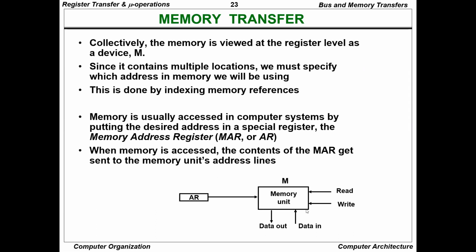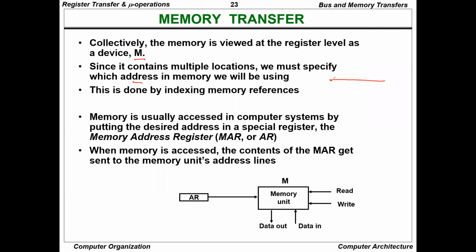Let us first take a brief intro. Collectively, the memory is viewed as a device at the register level. The memory can be denoted as capital M. Since it contains multiple locations, we must specify the address also.